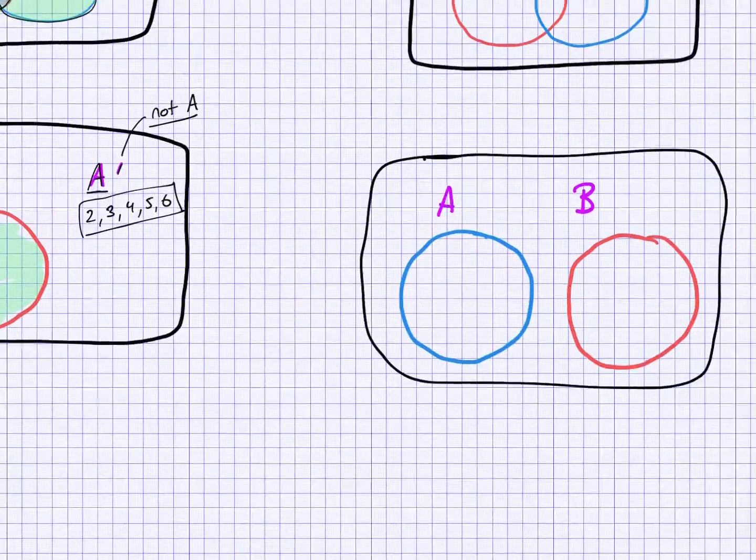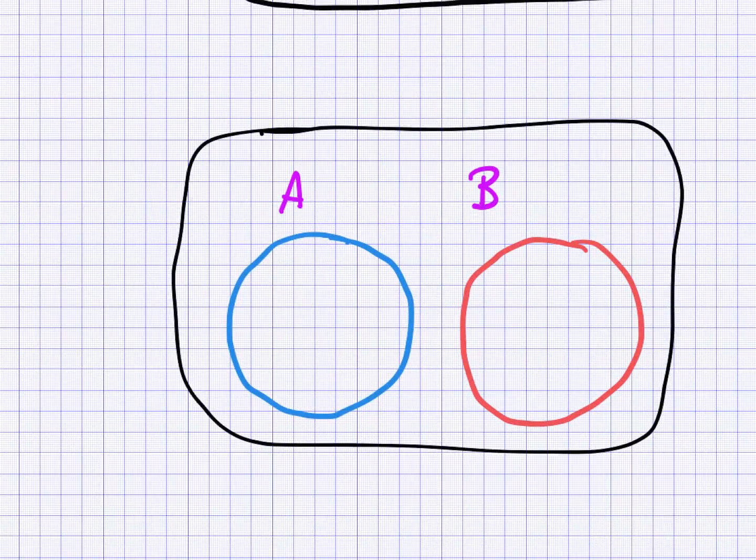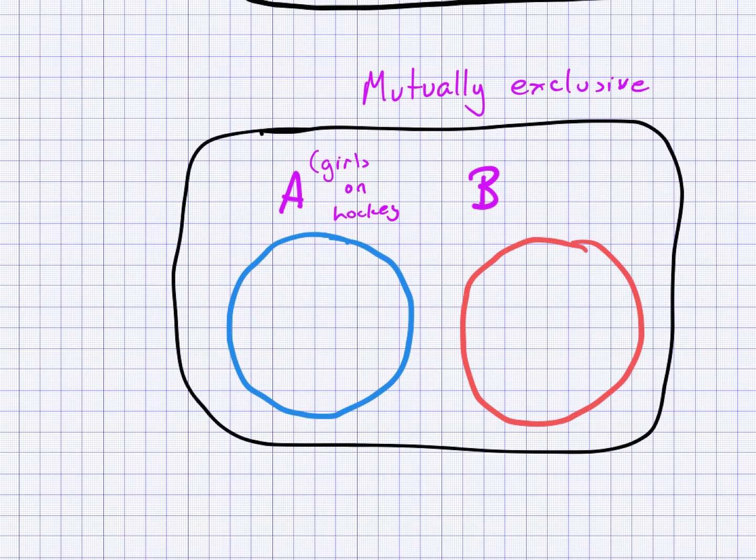Now, the last thing to put into your book is a certain type of event called a mutually exclusive event. All right, you notice here that A and B share no crossover. They are known to be mutually exclusive. A good example of this are where A could be girls on a hockey team, and B could be boys on a hockey team.